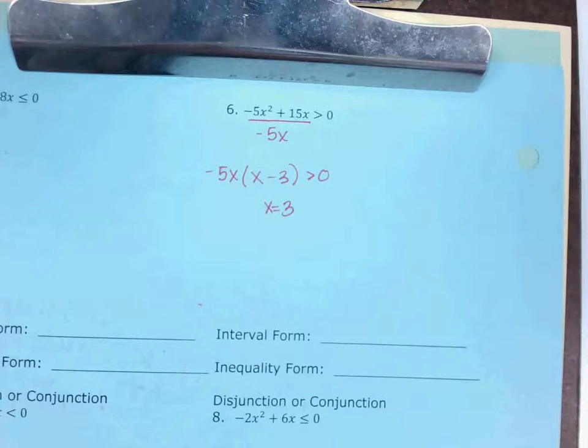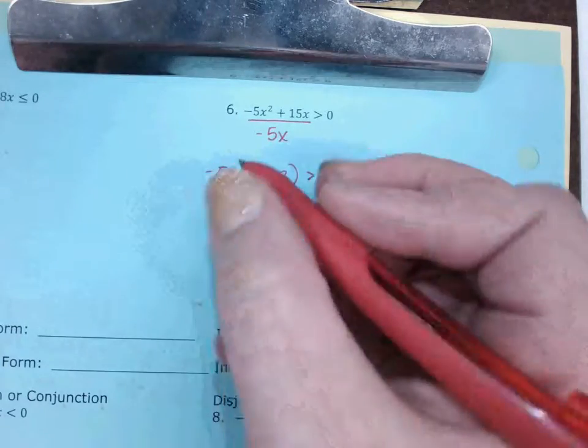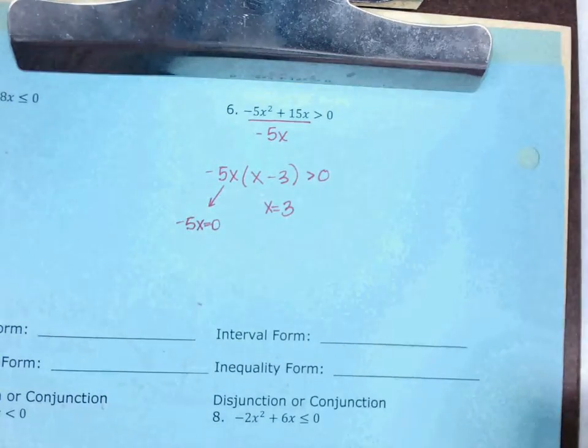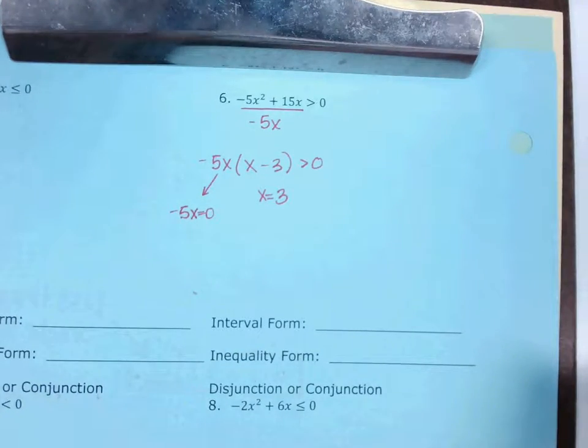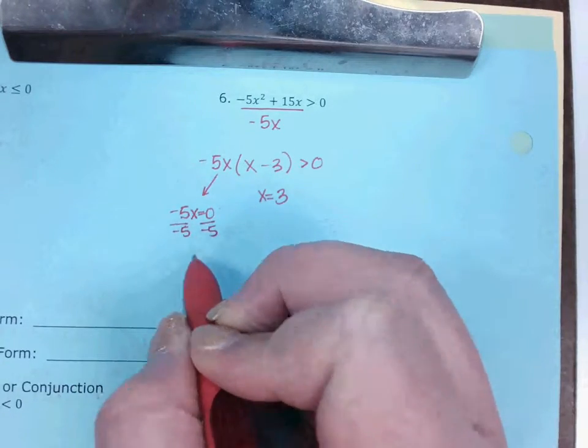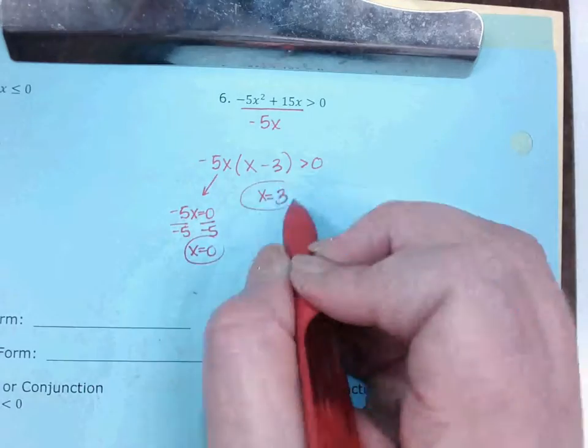But for the negative 5x, do you remember what happens when x is outside? You set it equal to 0. And then when I divide by negative 5 on both sides, what's 0 no matter what I divide it by? Still 0. So x equals 0.